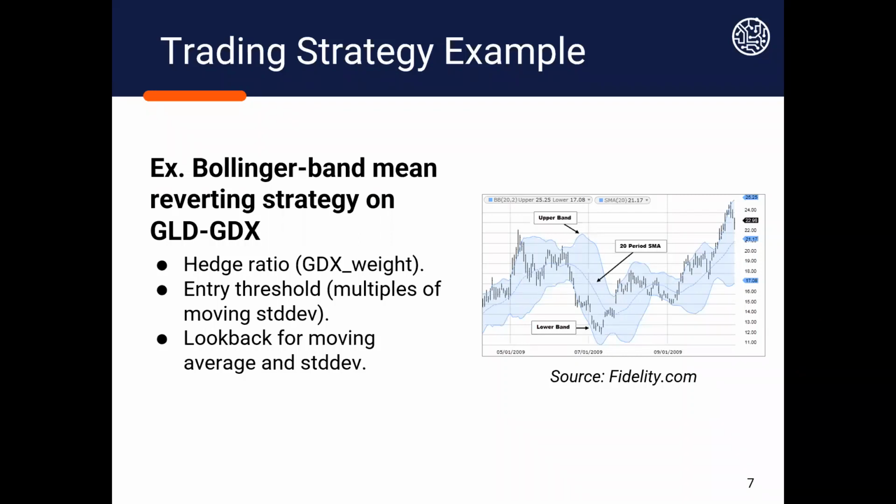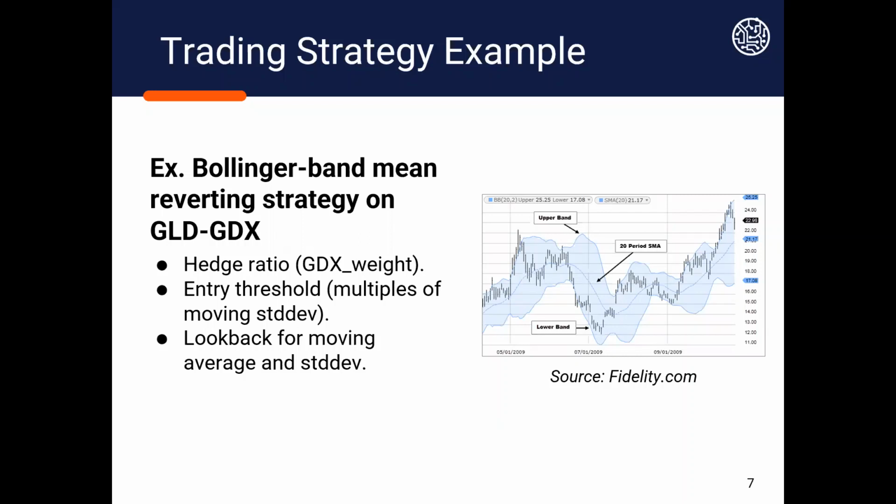This is a typical example in pair trading, and it has only 3. Actually, it's 3 parameters. I misspoke. I originally said it was 2 parameters. It's actually 3 parameters. How do you optimize the hedge ratio, the entry threshold, and the look back in order to get, let's say, the best Sharpe ratio?